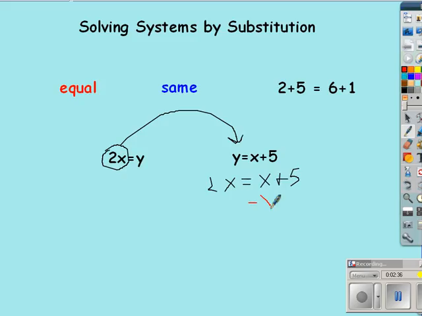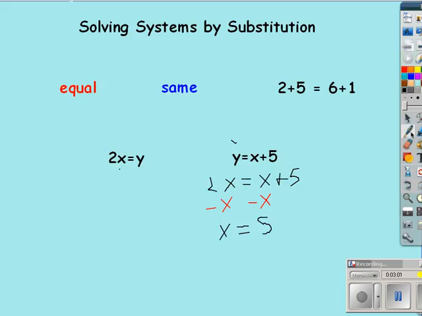I'm going to subtract x from both sides. And I'm going to get that 2x minus x equals x, and x equals 5. So I solved for x. I know what x is in this system of linear equations. Now, since I know what x is, x equals 5, x is the same as 5.